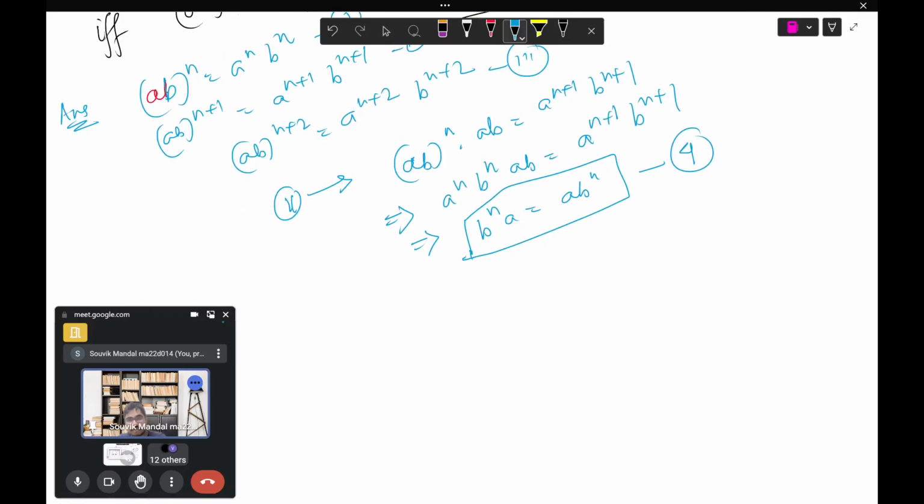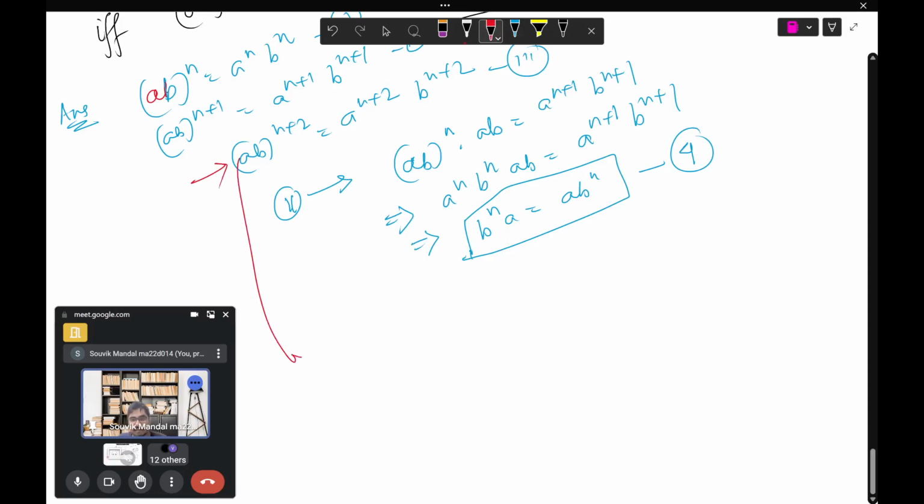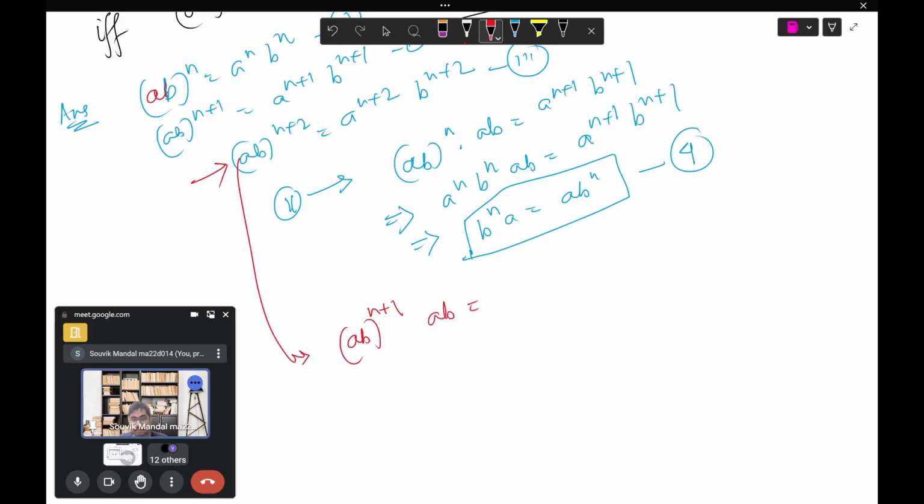Now consider this equation 3. This gives what? This gives (ab) to the power n plus 1 into ab is equal to a to the power n plus 2, b to the power n plus 2, right?